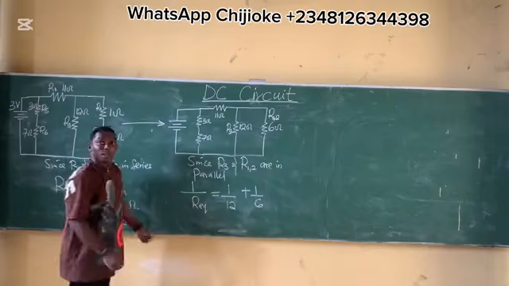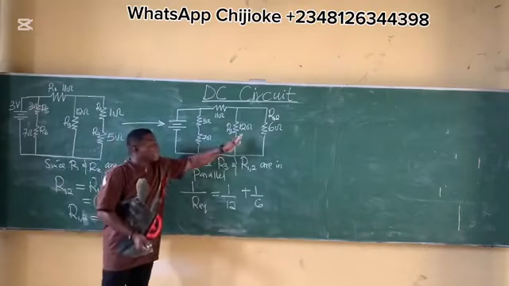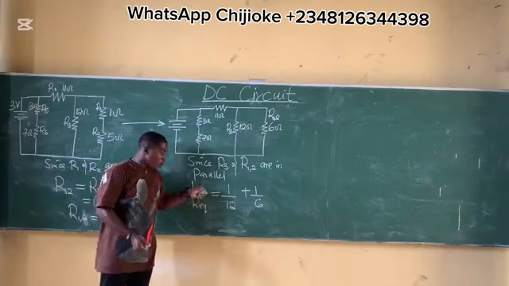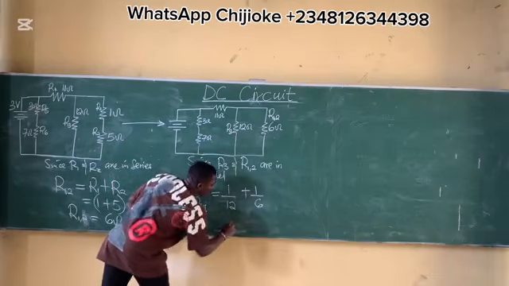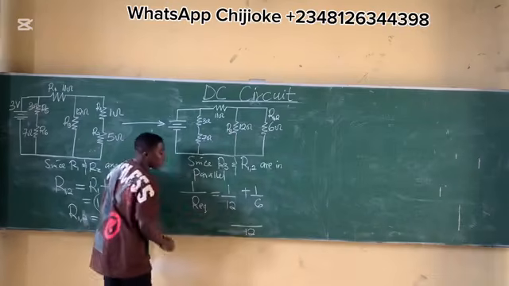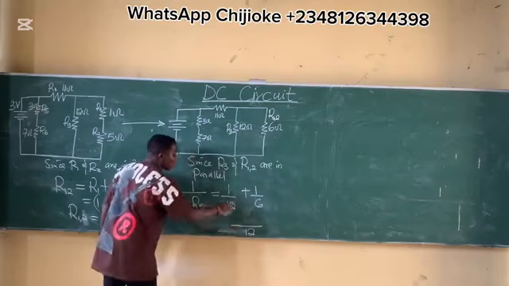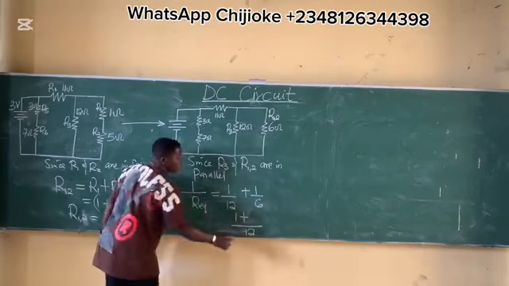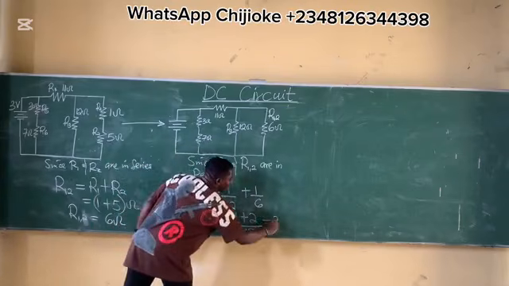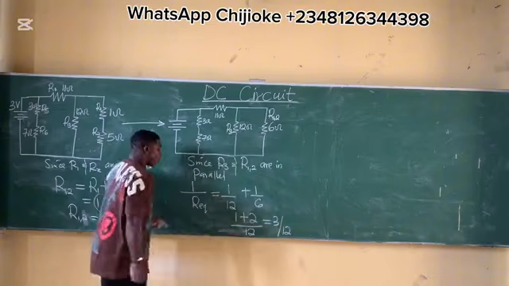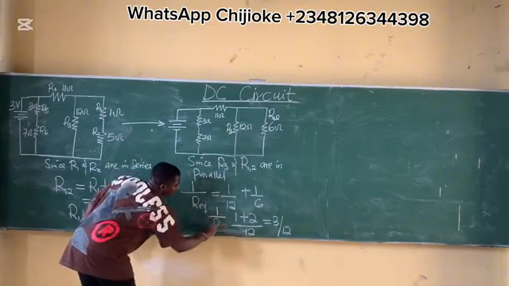If they are parallel, their equivalent resistance is a fraction. You can say 1 over 6 plus 1 over 12. LCM of 12 and 6 is 12. 12 divided by 12 is 1, 1 times 1 is 1. Plus 12 divided by 6 is 2, 2 times 1 is 2. 1 plus 2 over 12.